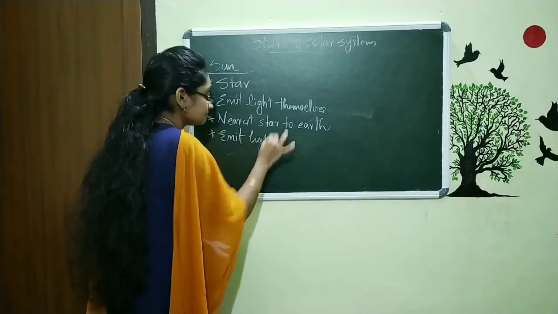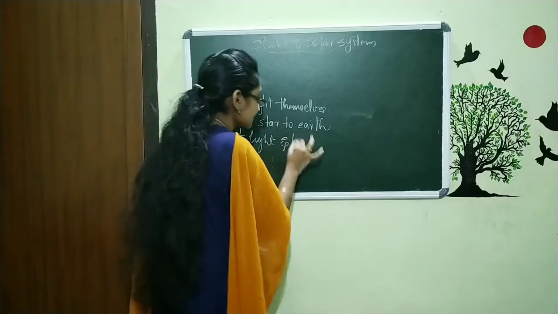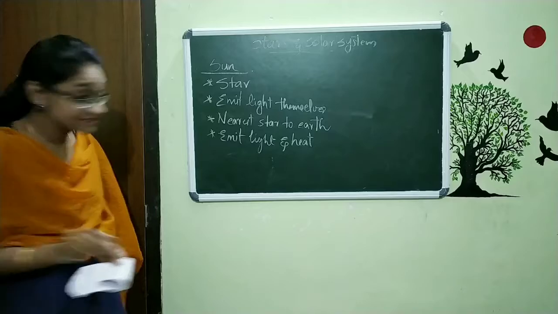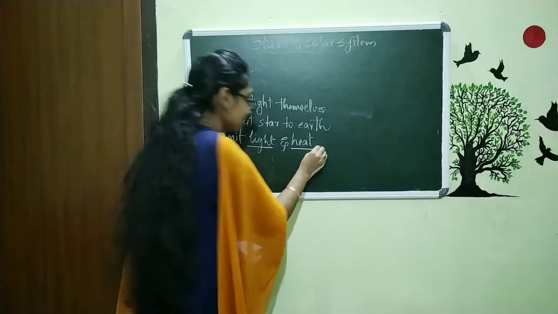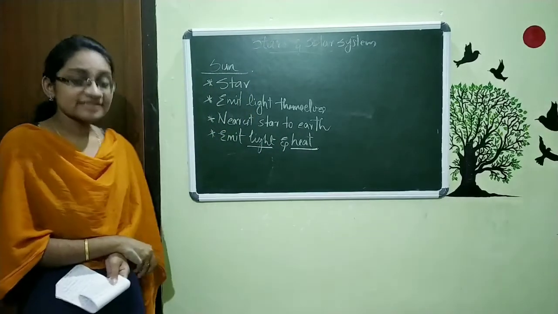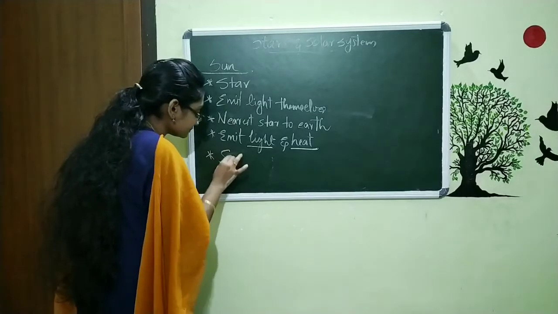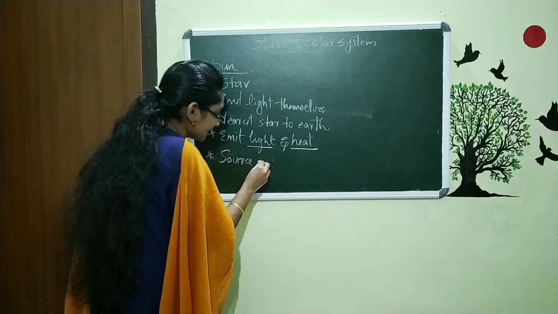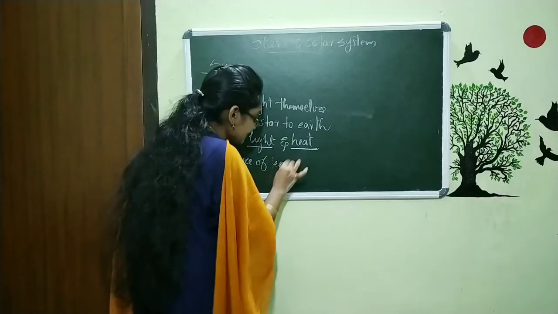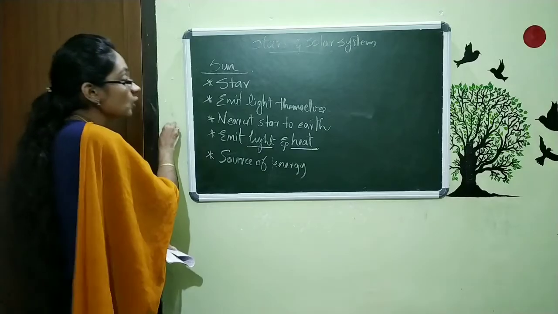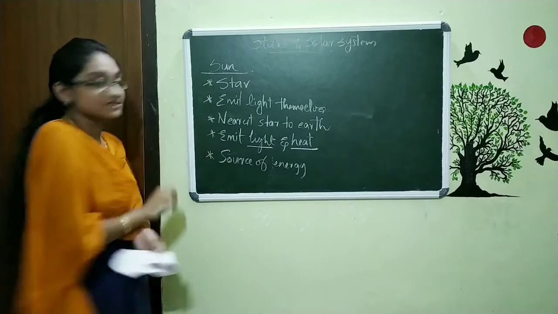light and heat. The sun continuously emits light and heat. So actually the sun is the highest source of energy, not only for the earth but also for all the planets in our solar system.